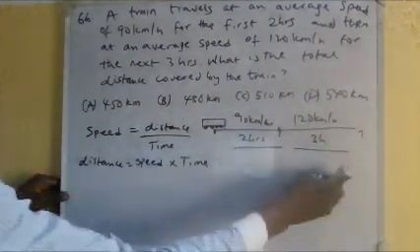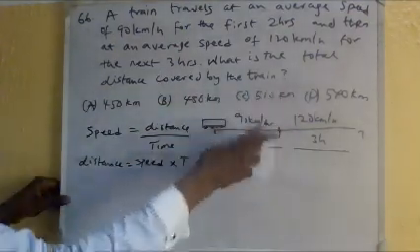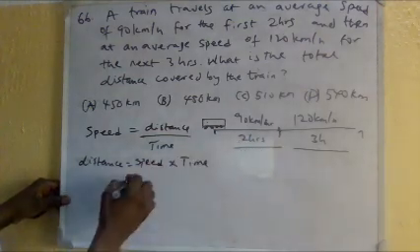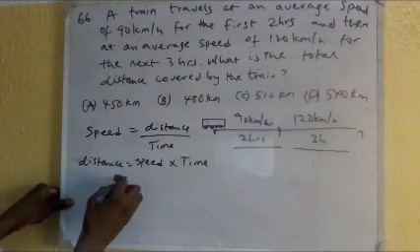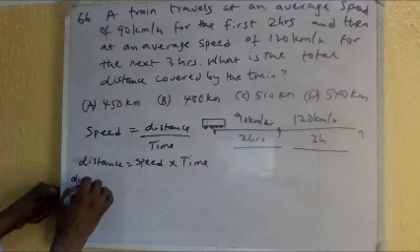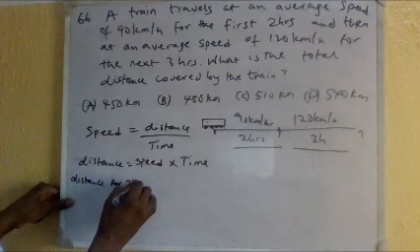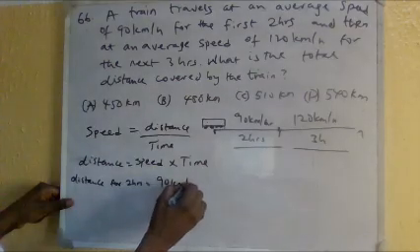So for this first component of the movement, at 90 kilometers per hour, it moved for 2 hours. So for the first one, I have it as, okay, distance for 2 hours is equals to the speed, which is what? 90 kilometers per hour times 2 hours.